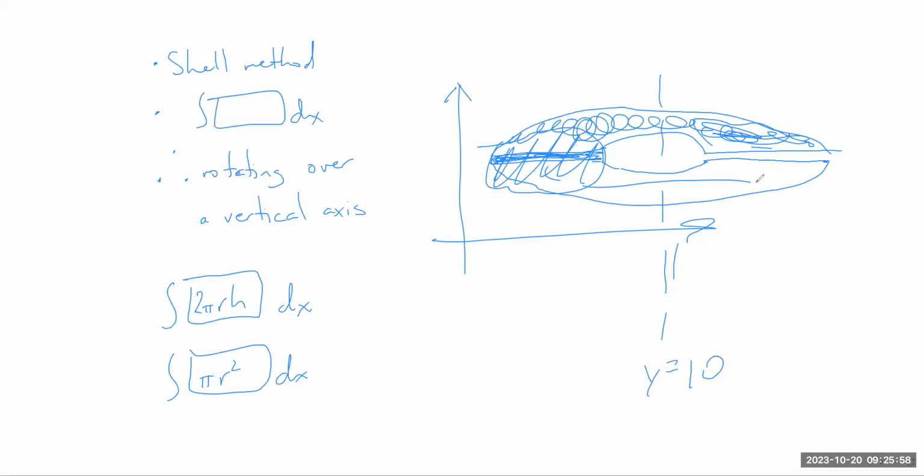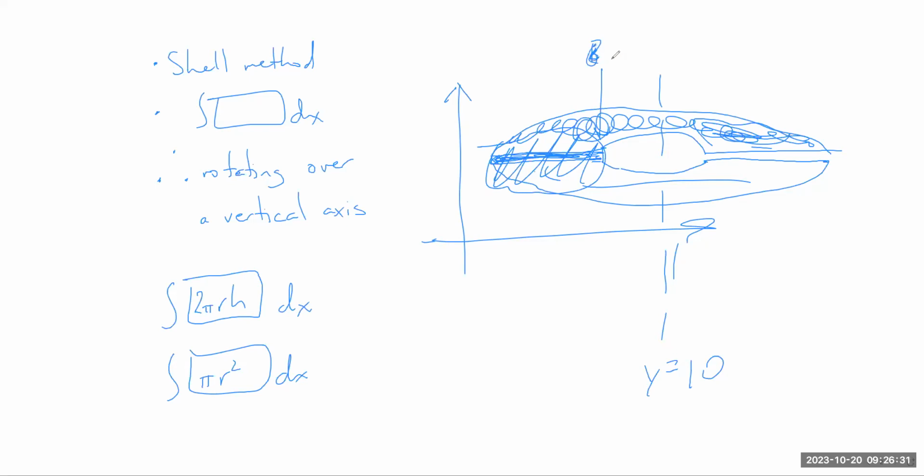How are we doing? What else? Let's at least think about this. I'm going to have an inner radius and an outer radius, right? So what can I call these things?